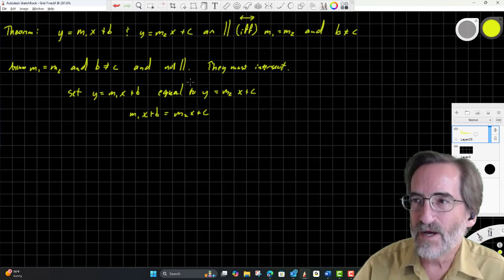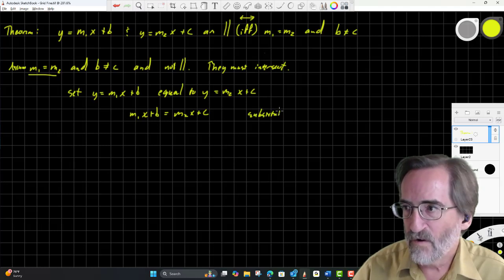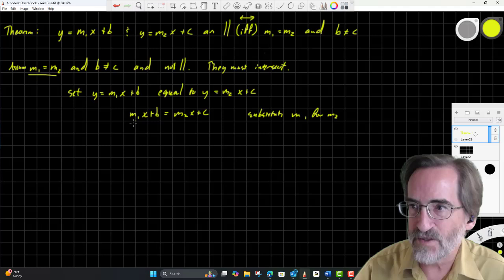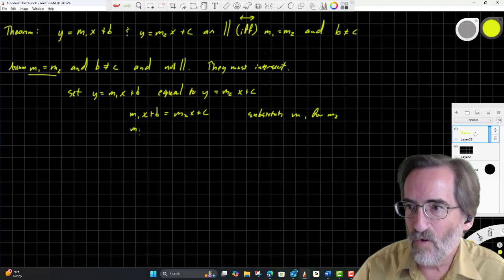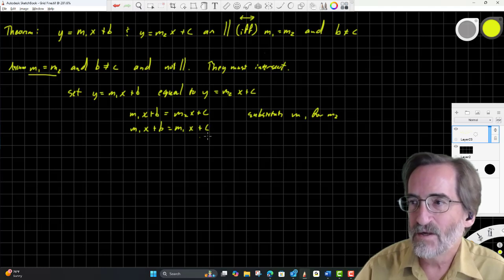Now we just said that m1 equals m2, so substitute m1 for m2. Because they're the same, we should be able to substitute. So I get m1 x plus b equals m1 x plus c.